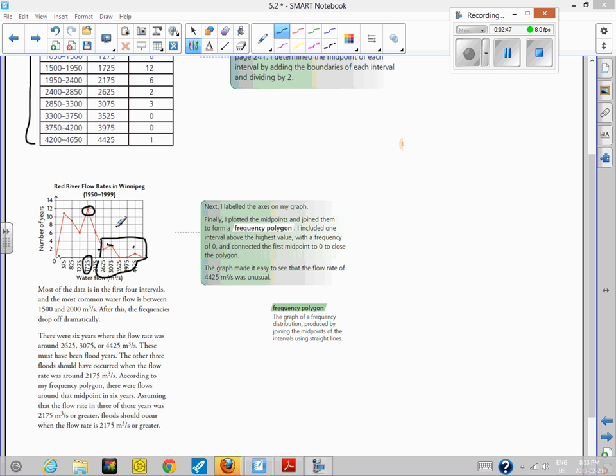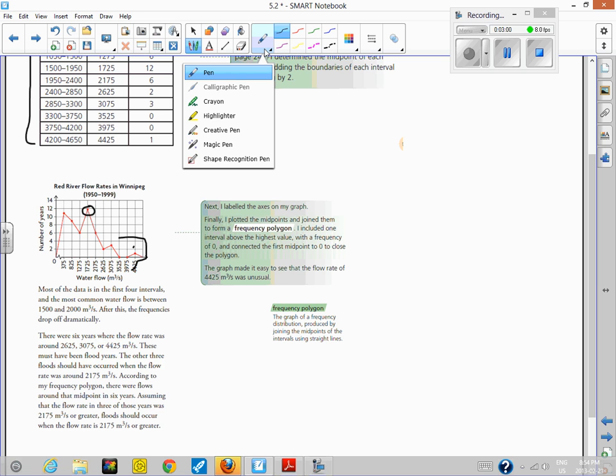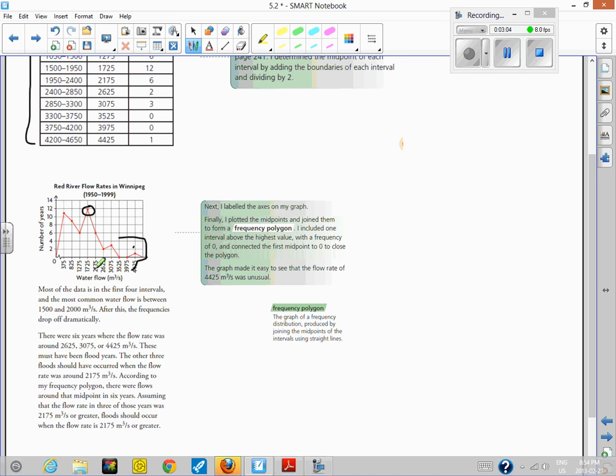Now, when we're going to look back at times when flooding occurred, I'll just clean this up. Now, when there was flooding around the midpoint 2175 here, that occurred 6 times, and the other 6 floods occurred when flow rates were greater than 2625.